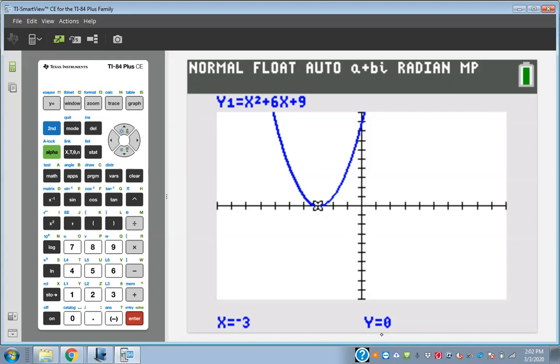See how that plot 1 is turned on, there's the arrow. Hit enter. Now we hit graph. Now hit zoom 6. Now you've got the right picture. Hit trace, -3.